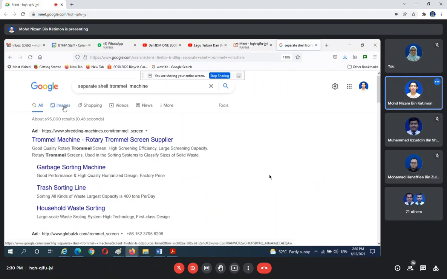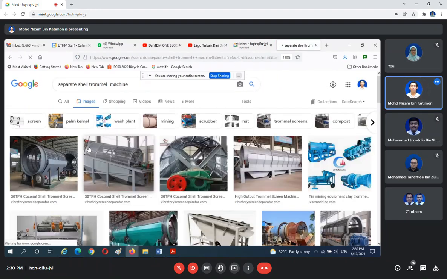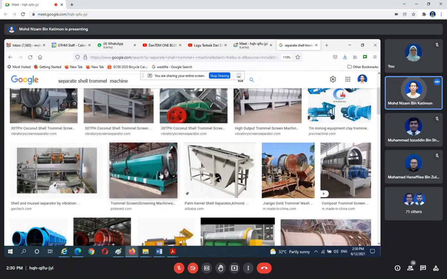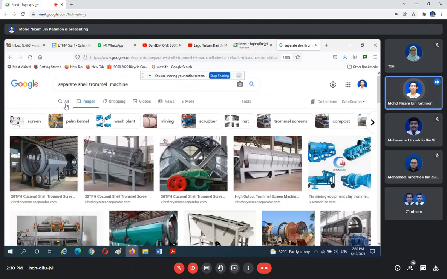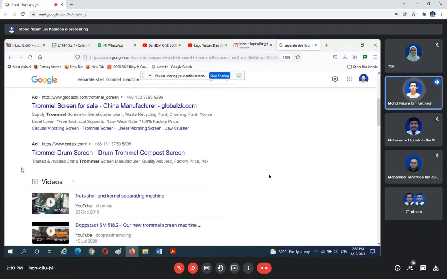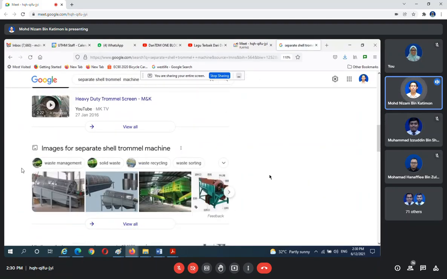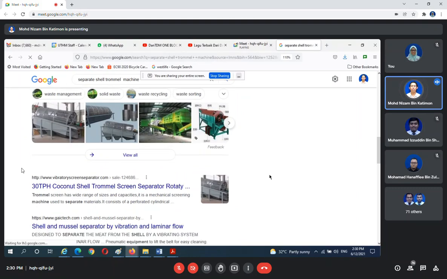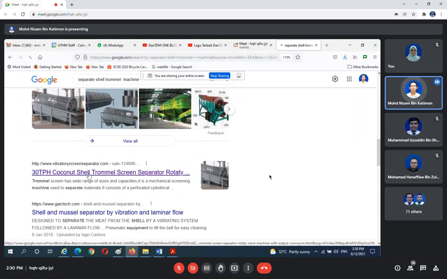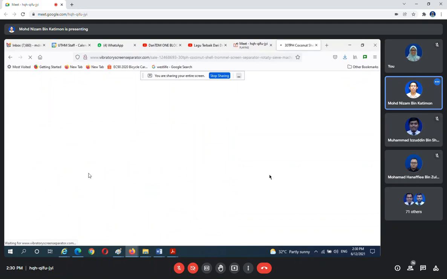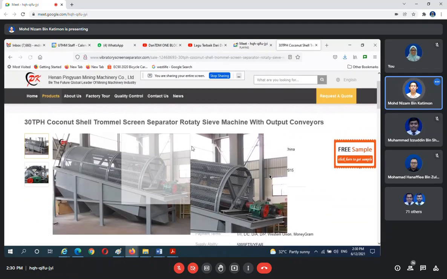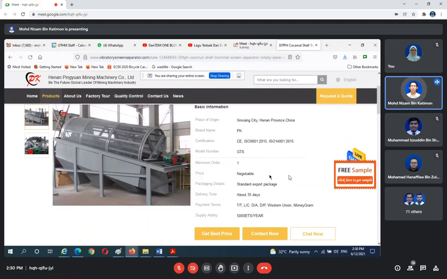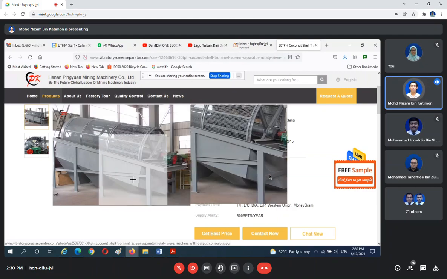From here, some idea. They said shell, a muscle, a vibration. See this kind of information. Get some ideas about existing products. This one, coconut shell. What is the size?